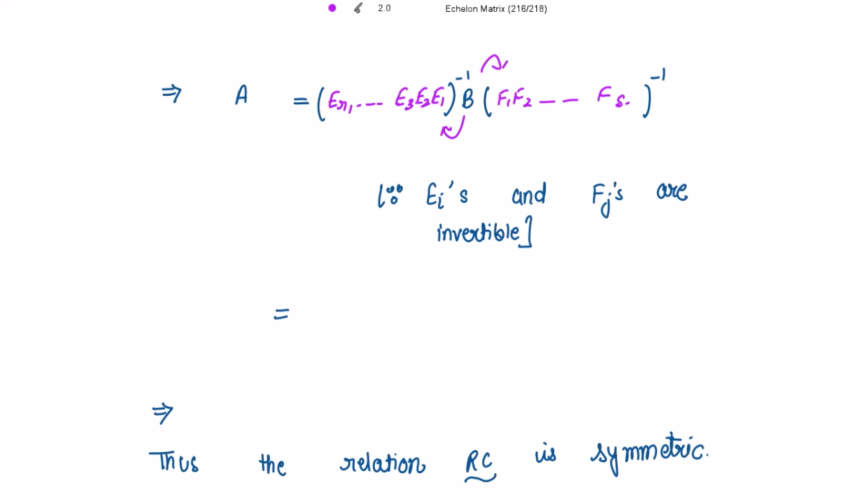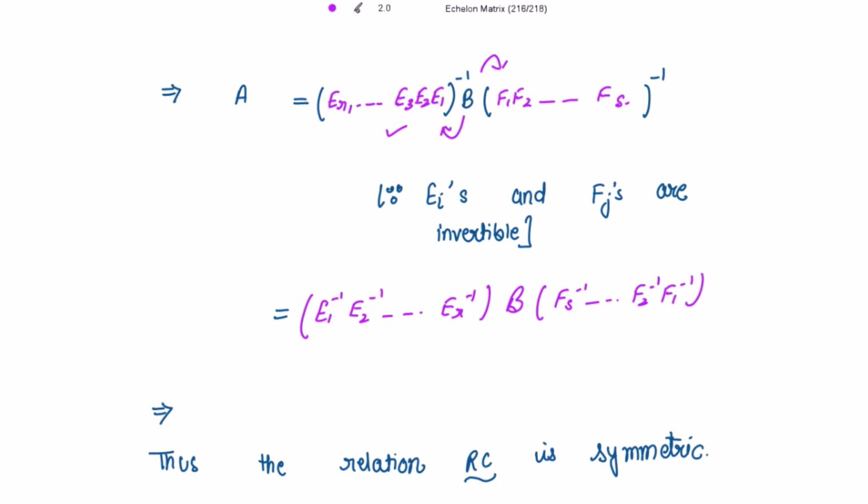So this is further equal to, just open the inverse, so you will get, because this is a product, E1 inverse multiplied with E2 inverse up to so on Er inverse. Please remember that you have to start with E1 when taking the inverse, into B, and this is Fs inverse so on up to F2 inverse and F1 inverse.